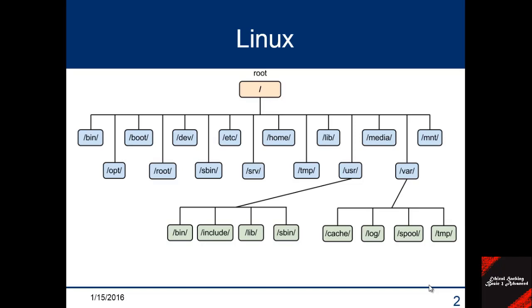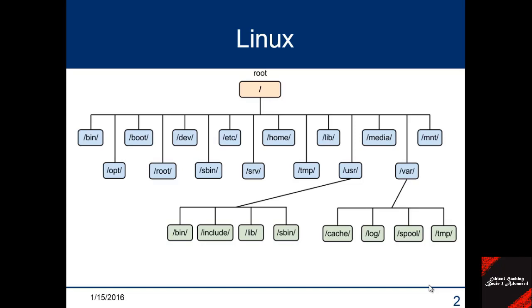In Windows, we divide our hard drive into different partitions, could be one or more, and then start creating folders. And inside a folder, we just save the file. So you have a drive, and then you have a folder, and then you have a file. And you can have different names for drives, C and D and E and so on.